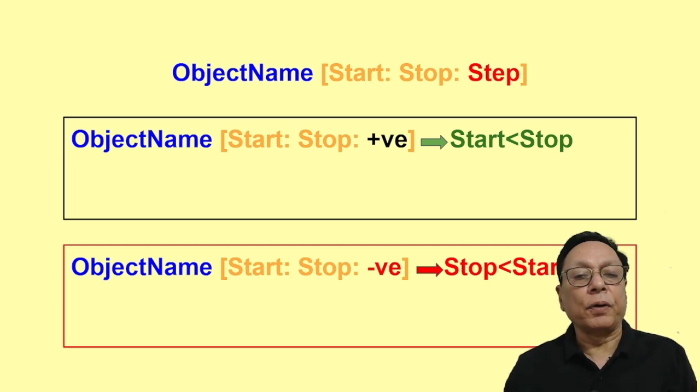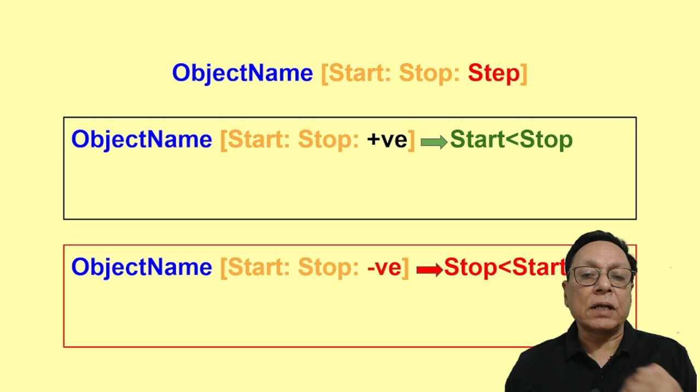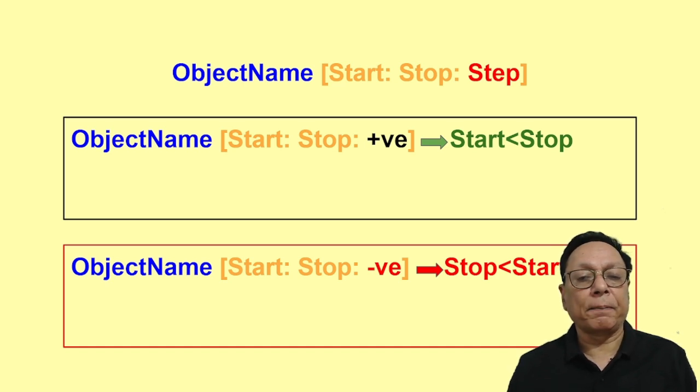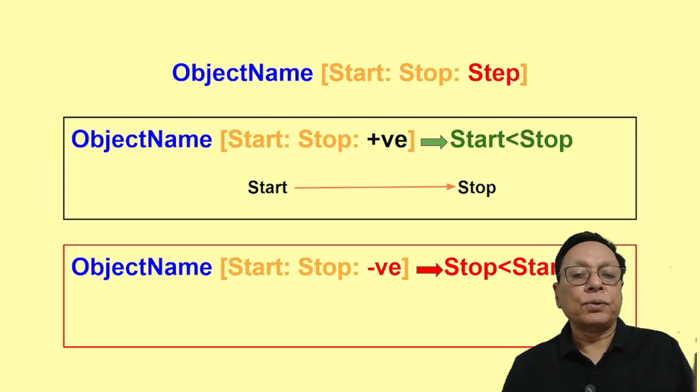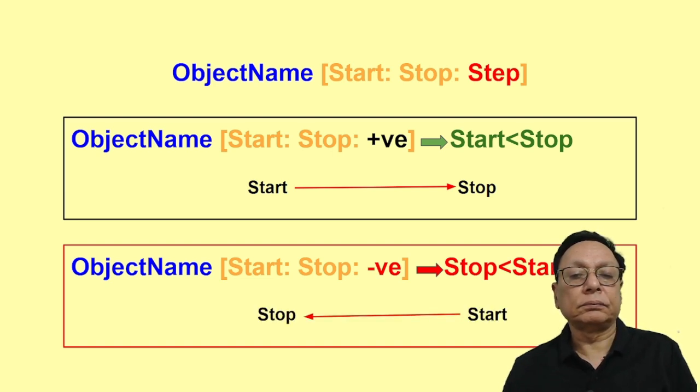So in case of positive step, start is less than stop, and when the step is negative, in this case stop will be lesser than the start. Okay, so start to stop means left to right, and stop to start means right to left.